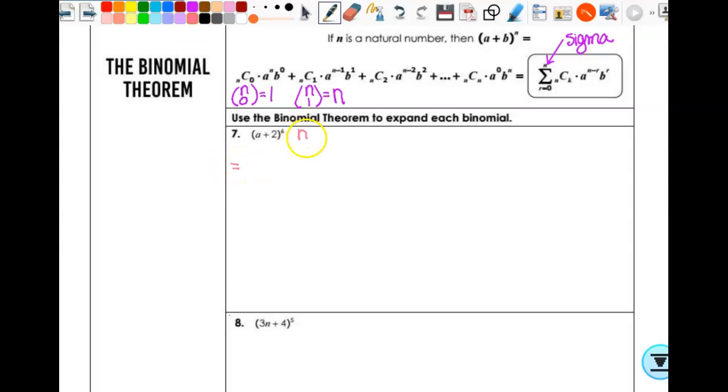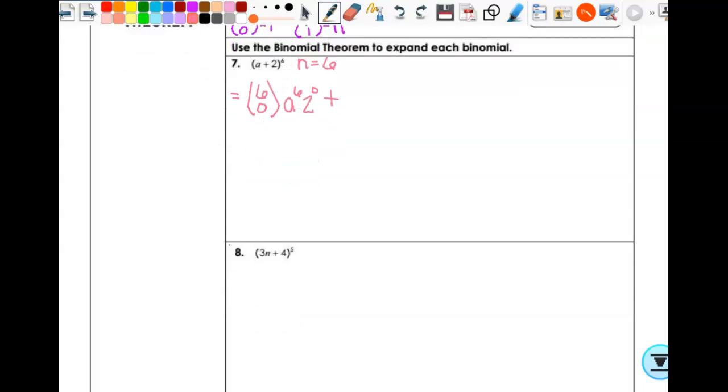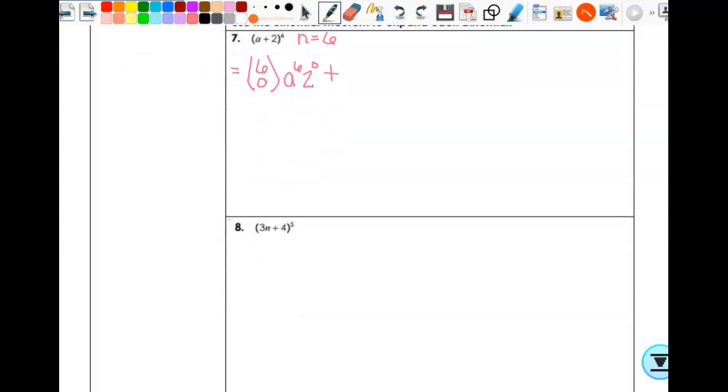Since n is equal to 6 here, we're going to start with 6 things taken 0 at a time times a to the 6 times 2 to the 0 power. So just like what we did yesterday, the exponents will always add to give you whatever n is. Then I just go up by 1 each time here.